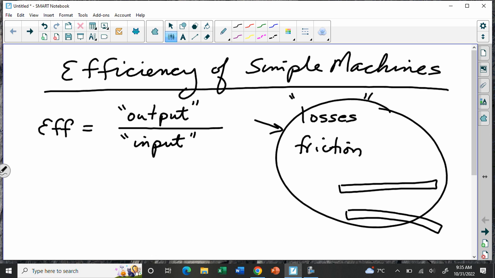But remember, working a little bit harder is still an advantage because the whole point of machines is we do a little bit of extra work because we have to go through a greater distance, but we can do it with less force. That was the whole trade-off. So we walk a little further, but we push less hard, you see? And that worked out to be sort of the same thing.